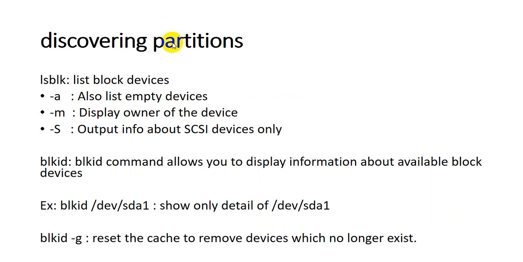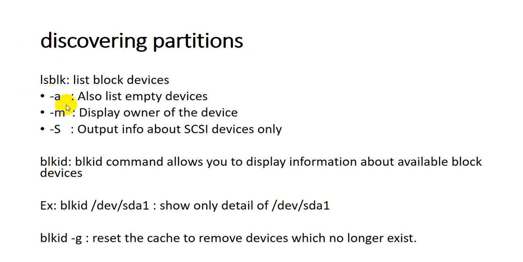Now, discovering the partitions. You have connected the disk and formatted the disk, but how can you manage it and discover the partitions in the system? The command associated with discovering partitions is lsblk. It lists block devices.